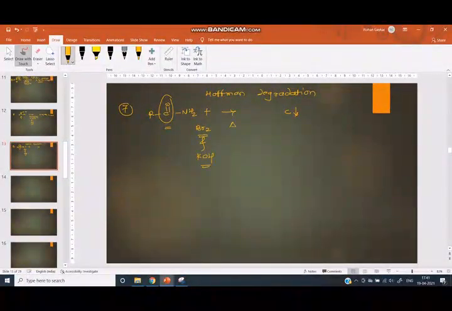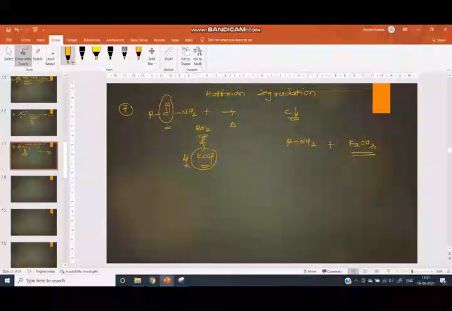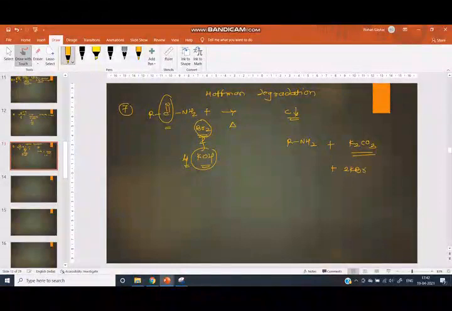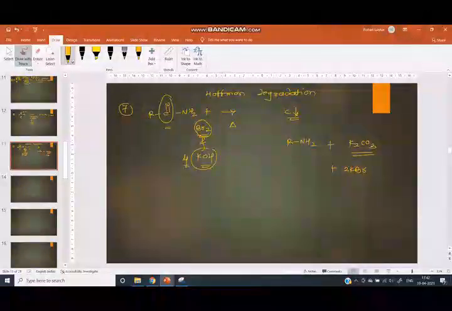Under heating condition we get RNH2. Here this CO is removed in the form of carbonate. Here we require potassium hydroxide, KOH, 4 times, and we get K2CO3, and the byproduct is 2KBr, means here 4 potassium hydroxide is required.